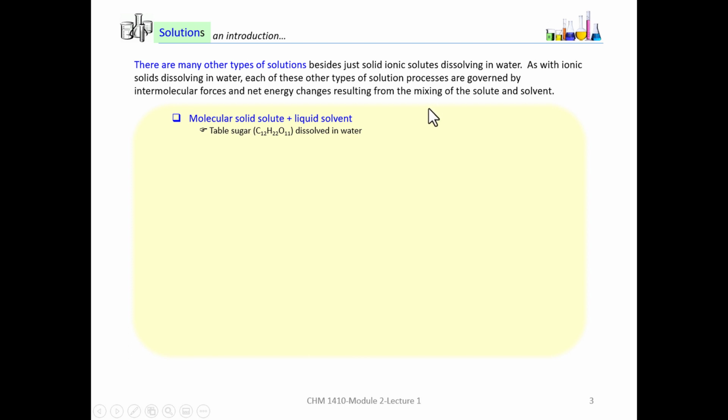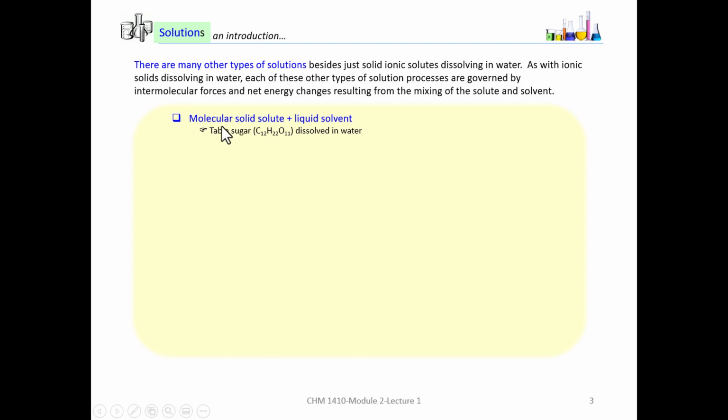General Chemistry 1 would be where you'd find the definitions of a molecular solid versus an ionic solid. But just as a quick review, a molecular solid would be a substance where it can exist as individual molecules. Sodium chloride is not a molecule. It's really just two ions stuck together. Table sugar exists as a molecule.